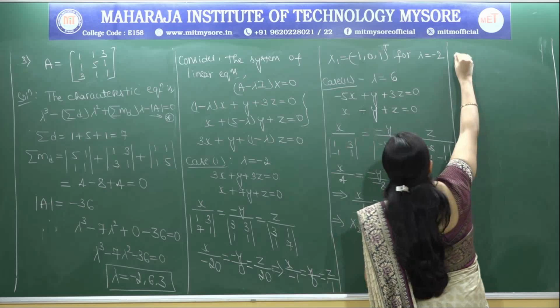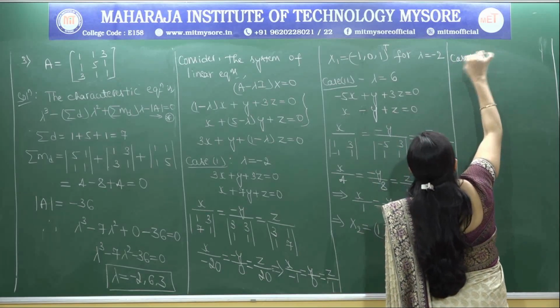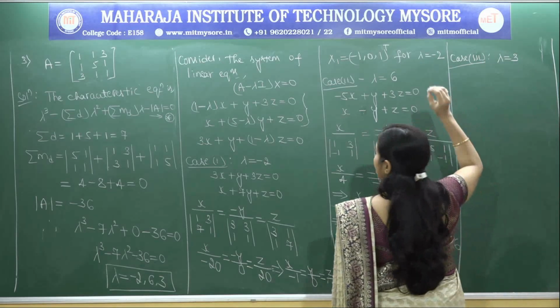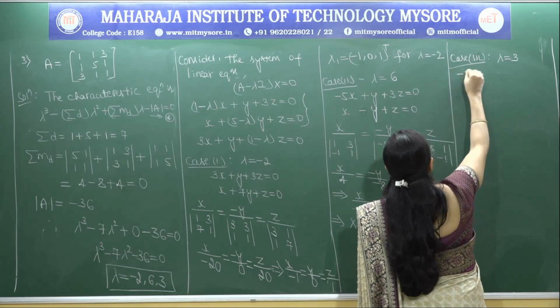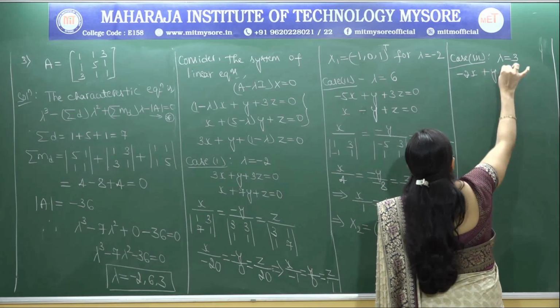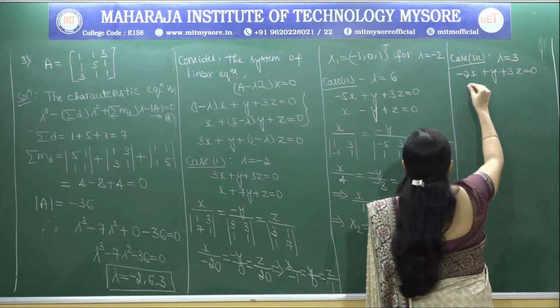Next, case 3. For lambda equals 3, the system of linear equations, 1 minus 3 is minus 2x plus y plus 3z equals 0.